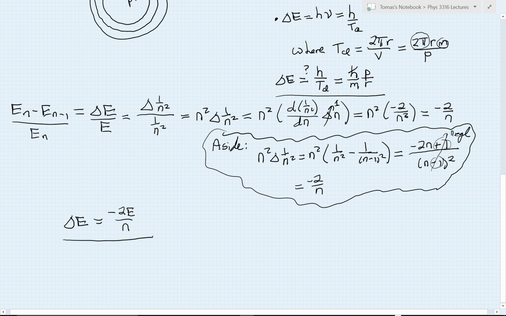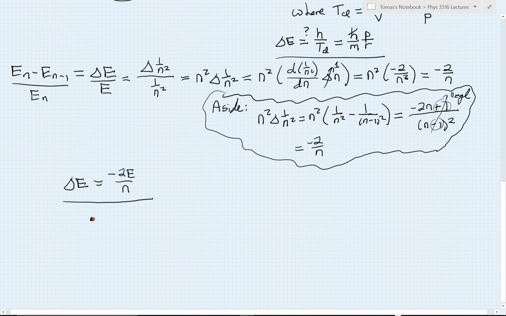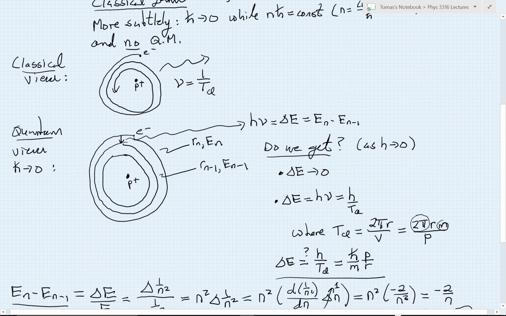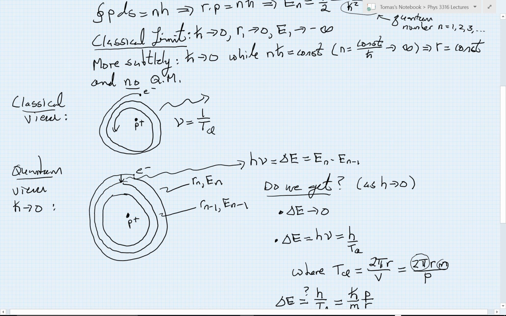That's my result. Now, there were two things we wanted to verify about this. The first thing is that if we go into the classical limit and take this limit where h bar is going to 0, do we in fact find a continuum of energies so that the spacing between these energy levels vanishes so that we would never notice it and it can vary continuously as in the classical spiral case?